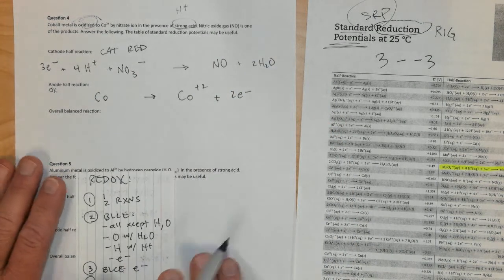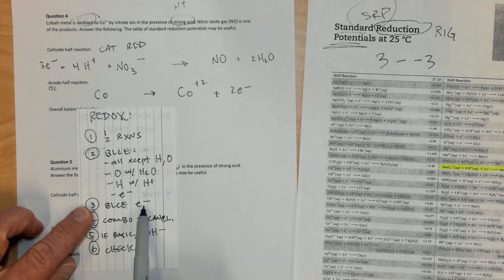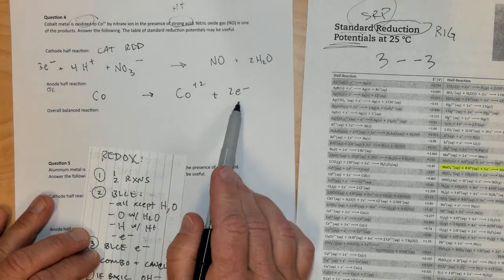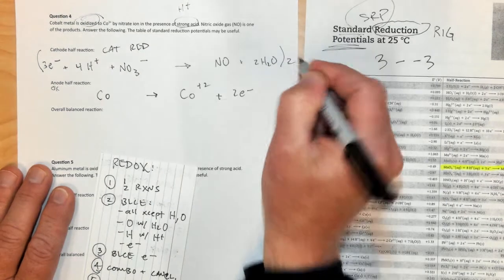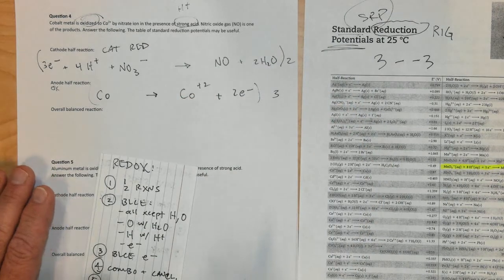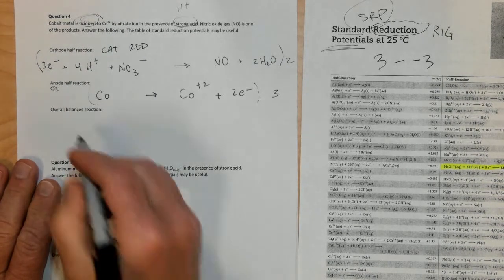Now, to get the overall balanced equation, the last couple steps I'd have to do is to balance the electrons. You'll notice that there's 3 electrons in this one and 2 in this one. And so I'd end up multiplying this reaction by 2 and multiplying this reaction by 3 to get the electrons equal, and I'll rewrite those reactions down here.